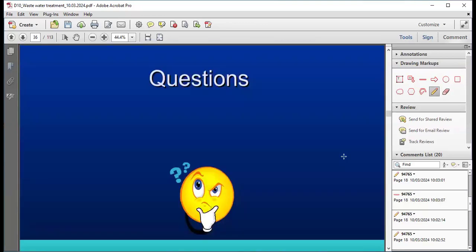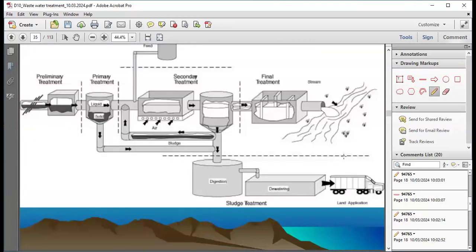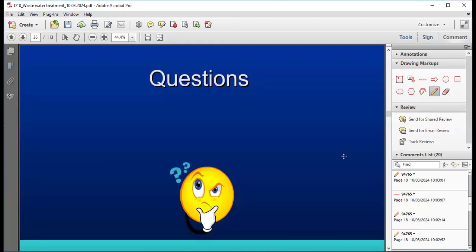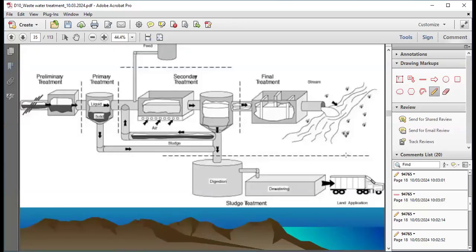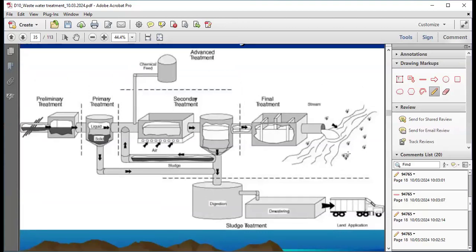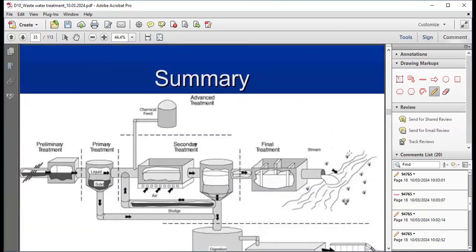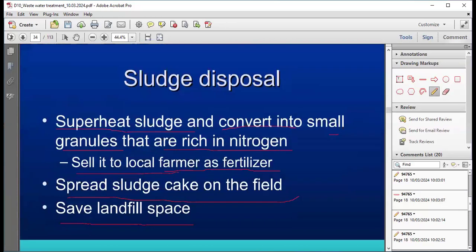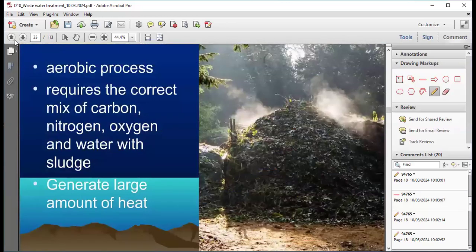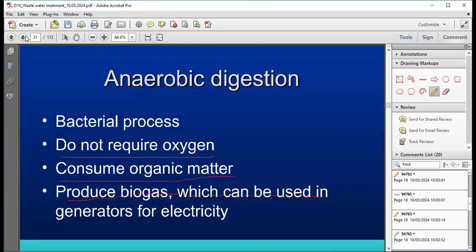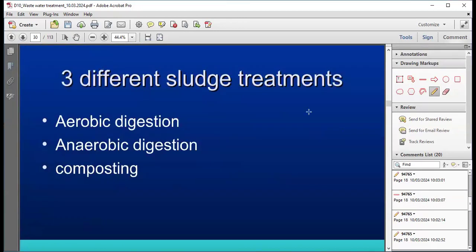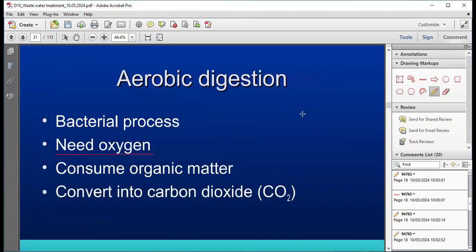This one is interesting, right? Okay. Anything you want to ask? Summary. So this is anaerobic, so you can get some idea. Aerobic digestion, like the food digestion in the stomach.